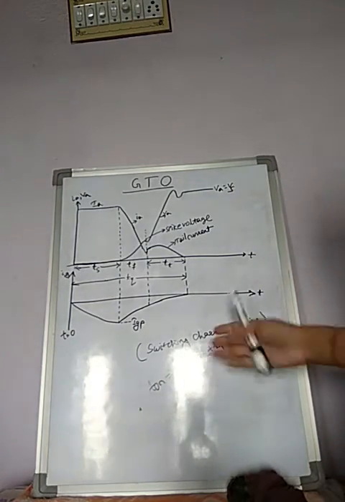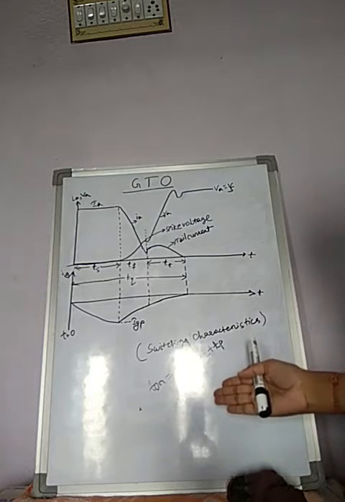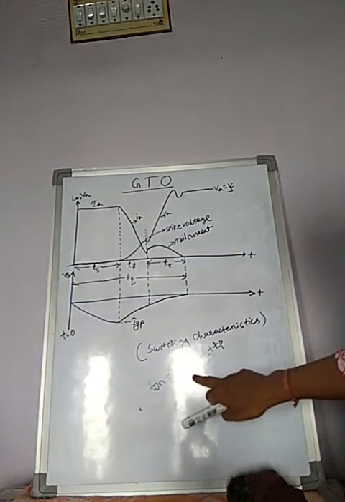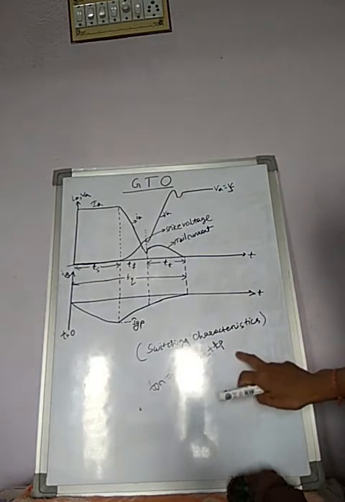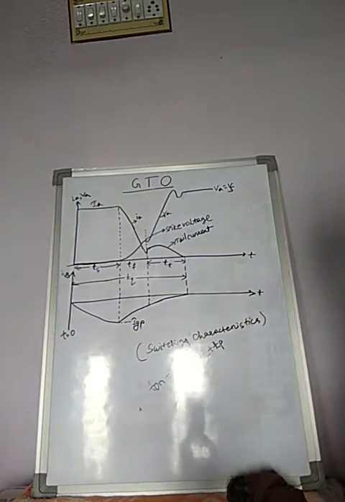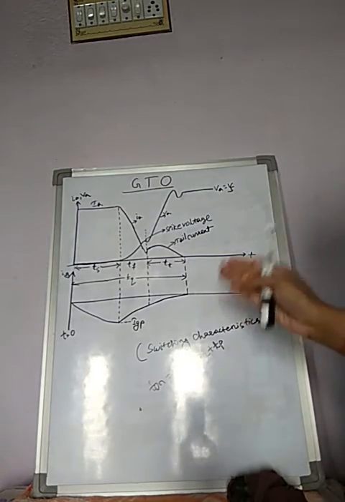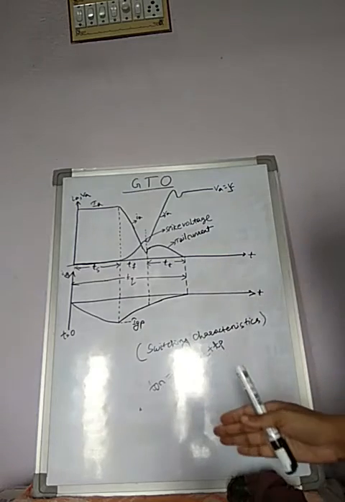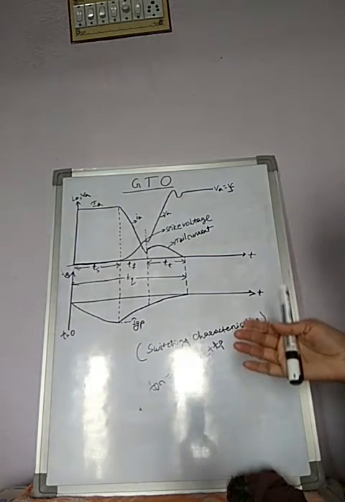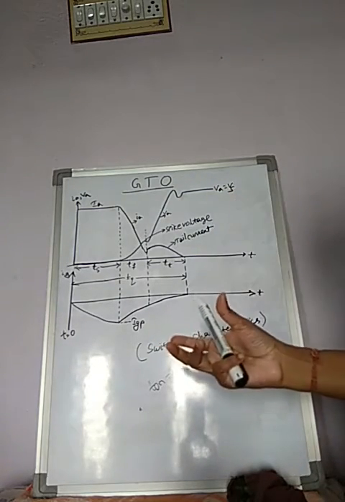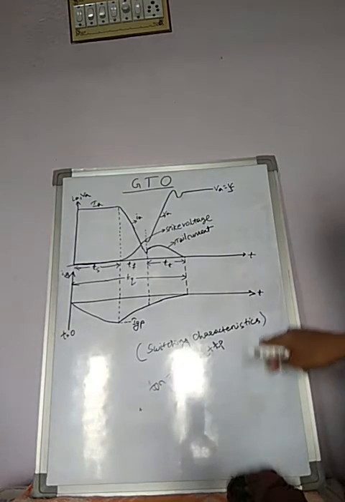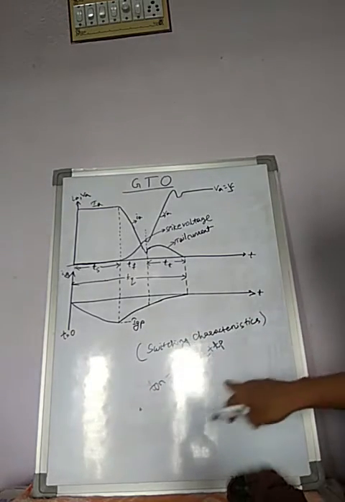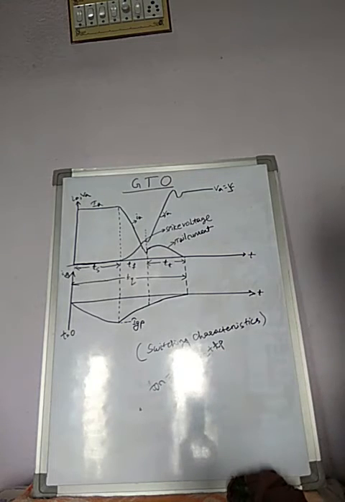What are the mechanisms, what are the changes in the parameters that occur during this delay time, rise time, spread time? You can go to the switching characteristics of thyristor during turn on and study from that part. You can analyze the switching characteristics during turn on for GTO.